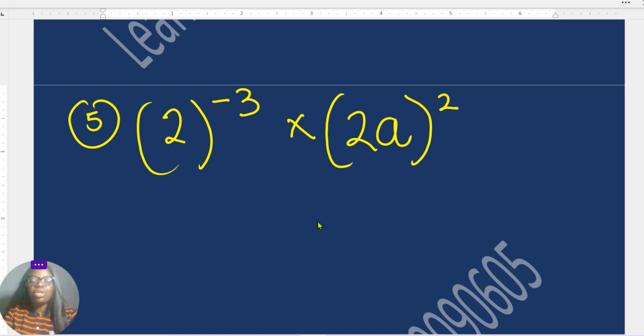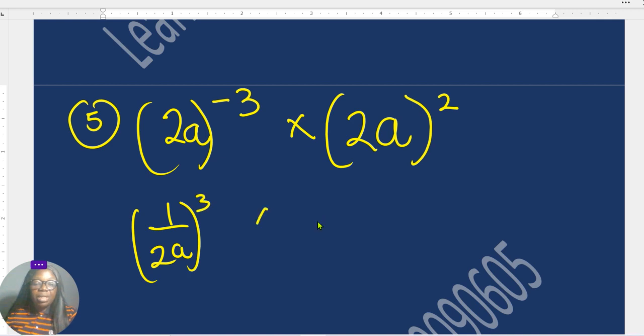This is a mixture of simplifying a number with a negative index, multiplied by a term with a positive index. To get rid of the negative index, you know you have to turn the number upside down. And this 2a is the same as 2a over 1. So when turning it upside down, it will become 1 over 2a all raised to power 3, times 2a raised to power 2.